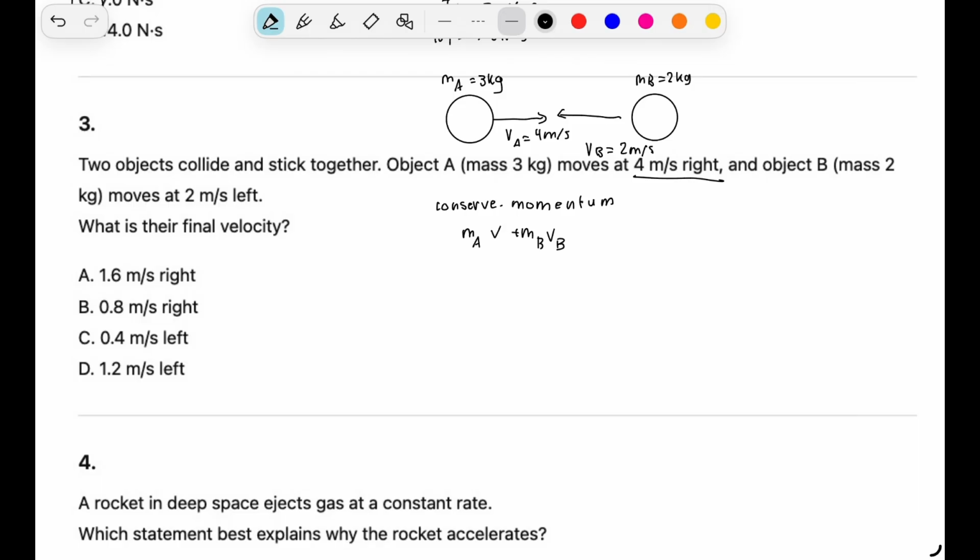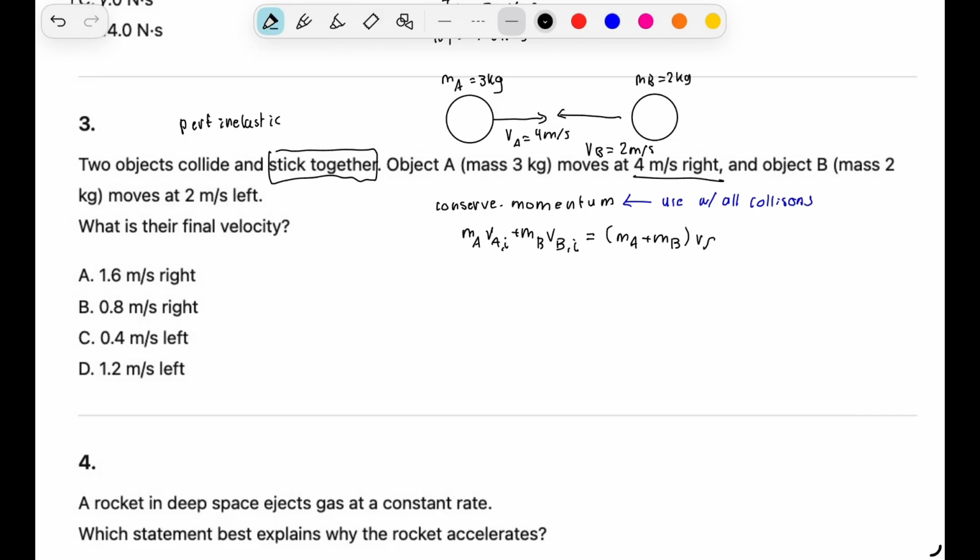So your mass will always stay the same, but your velocity, this is going to be your initial velocity, and this is going to be your initial velocity, times the same masses, but now it's one object, and because they stick together, this is perfectly inelastic. And also, a note about conservation of momentum, you are going to use this with all collisions because all collisions are going to conserve momentum.